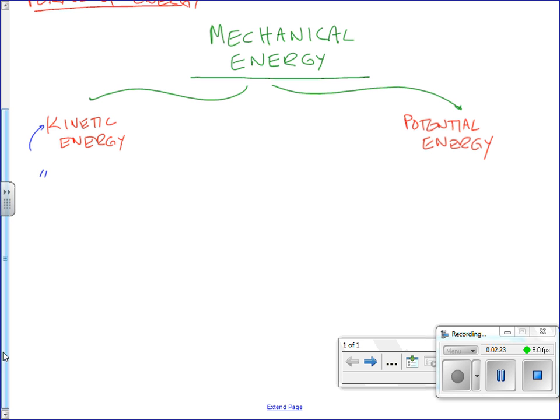So we call this energy of motion. And potential energy, sometimes people call it stored energy, which isn't my favorite way to do it, but I'm going to call it energy of position.